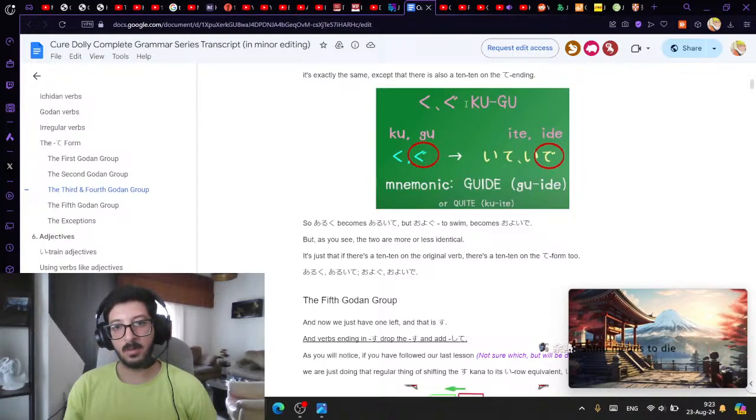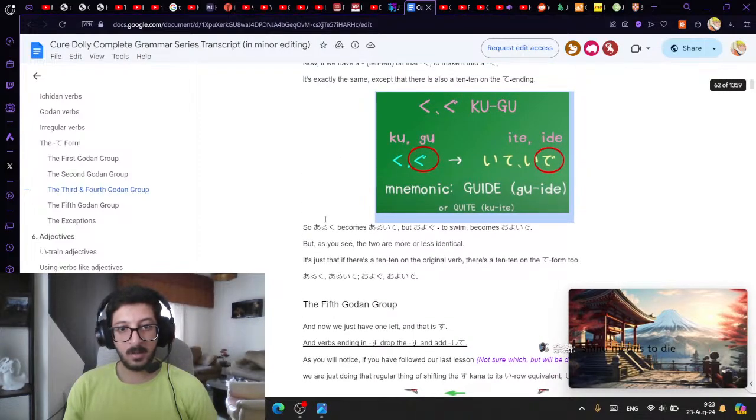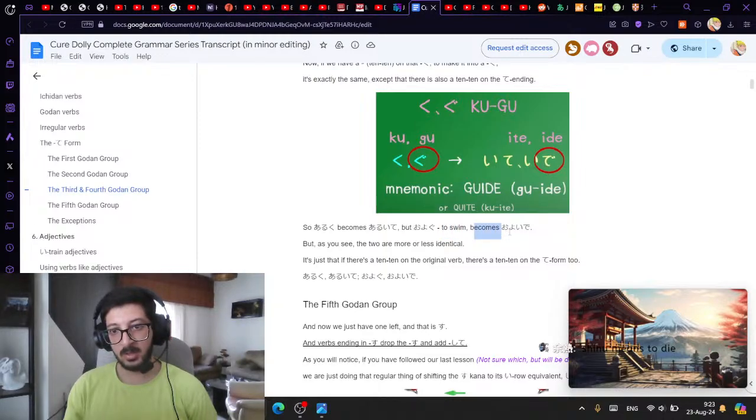Okay, a mnemonic in English. Ku becomes ite, gu becomes ide. So aruku becomes aruite, but oyogu, to swim, becomes oyoide.